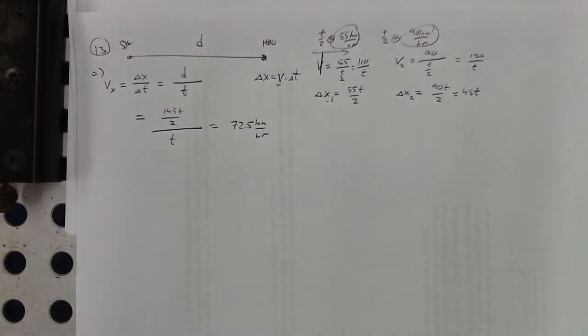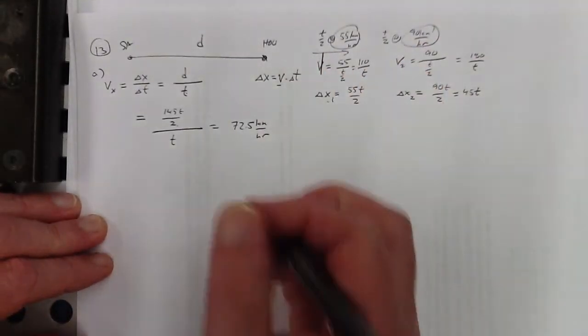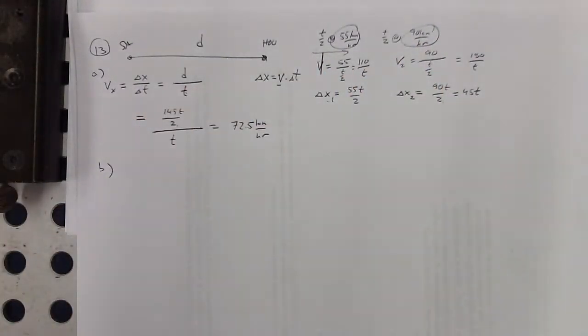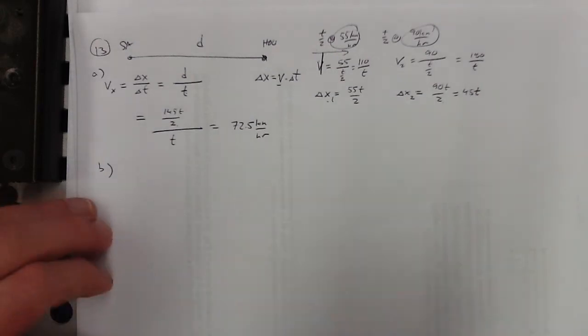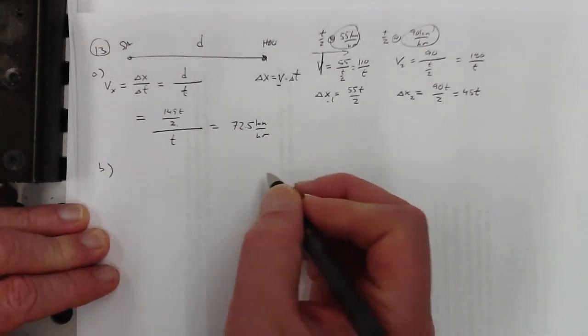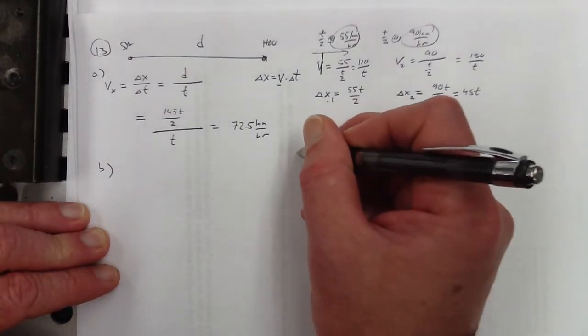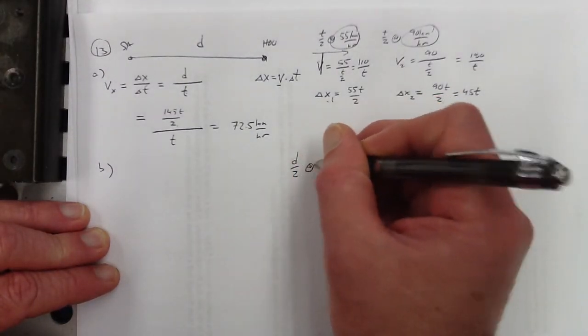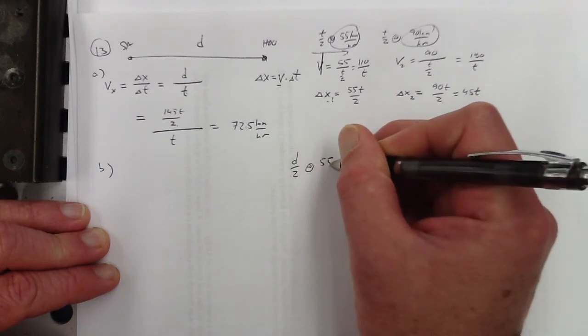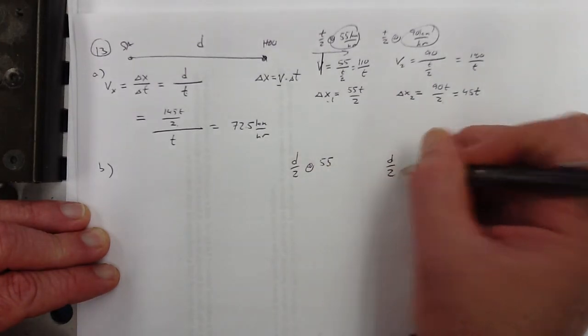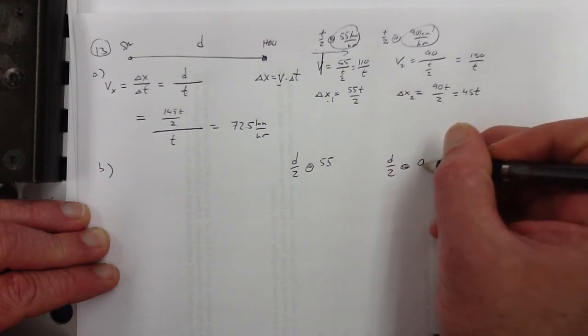But for part B, this is more like what I was doing there. I was getting ahead of myself. Part B, we want from Houston back, and that's where we did half the distance. So on the way back, I'm doing d over 2 at 55, and then d over 2 at 90.